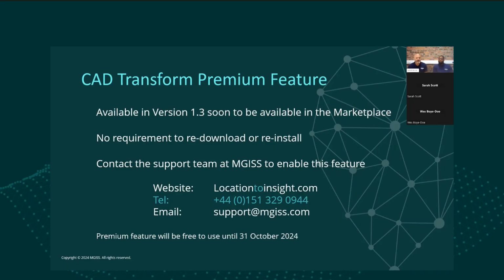We've got in mind to add a number of other features into CADTransform. And I'm just going to take the opportunity to conduct another poll. So in this poll, we'd just like to ask you, what other features would you like to see in CADTransform that would improve your workflow?